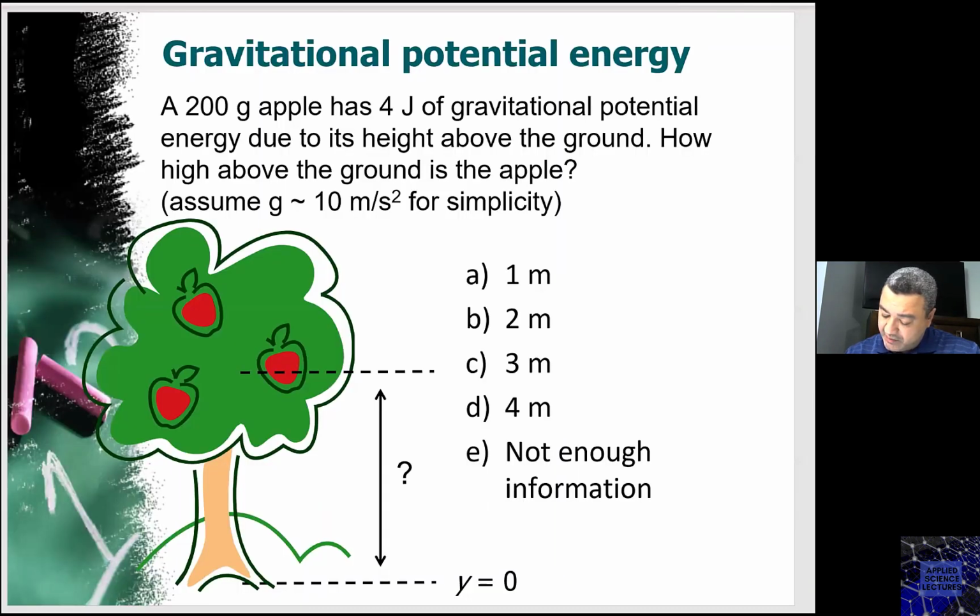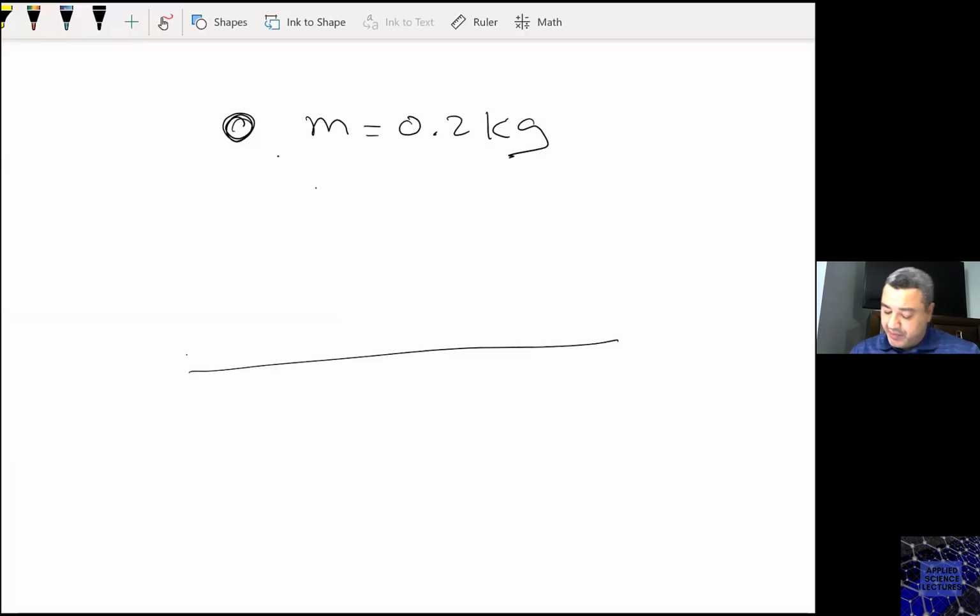It has a gravitational potential energy of 4 joules. We need to calculate the height of this apple. So the height is unknown. g is 10 meters per second squared.